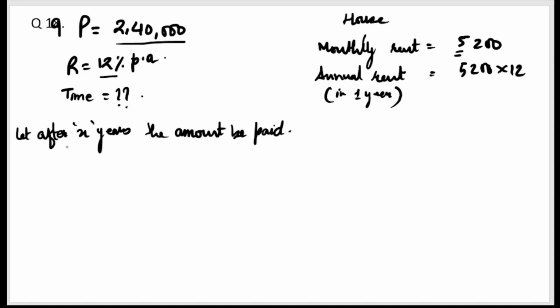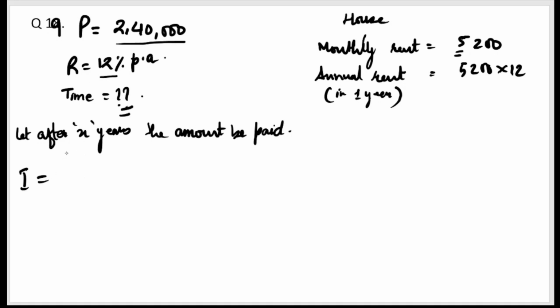ओके, सो लेट अस से आफ्टर x years द अमाउन्ट इज पेड. रहमत चाचाले पे गर्यो त्यो अमाउन्ट आफ्टर x years. सो x years भित्रमा 2,40,000 मा at the rate of 12% per annum कति इन्ट्रेस्ट लाग्छ? that we need to find out first.